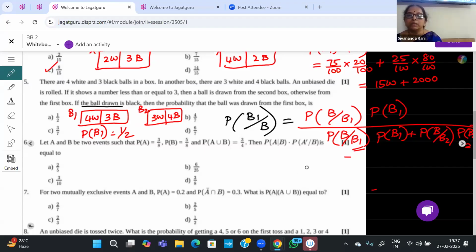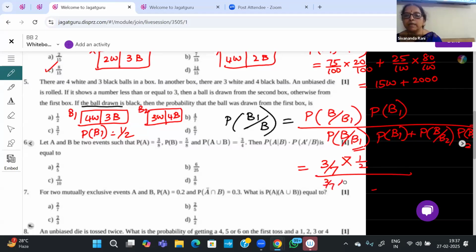Okay. Substitute. What is the probability of black from bag 1? Black is 3 only, no? 3 by 7. From bag 1, black. Am I right? 3 by 7. Okay. And what is the probability of bag 1? Half. Okay.